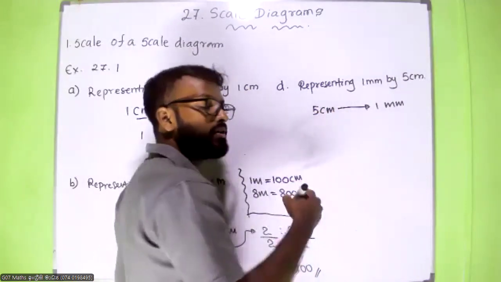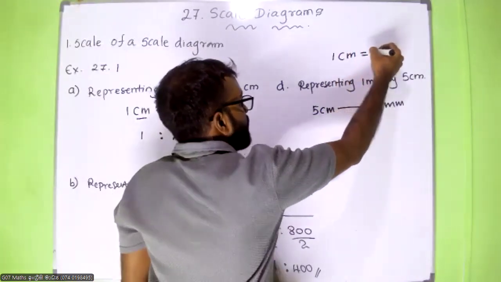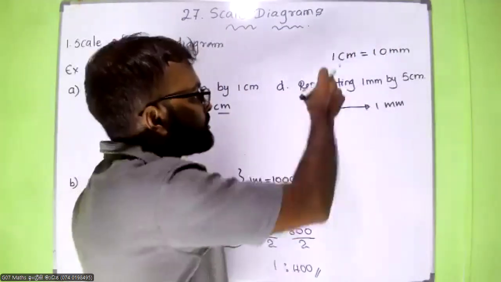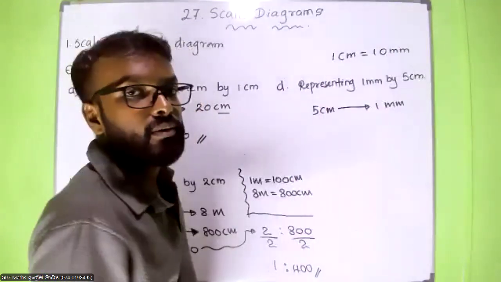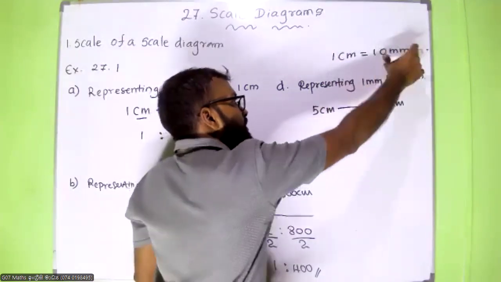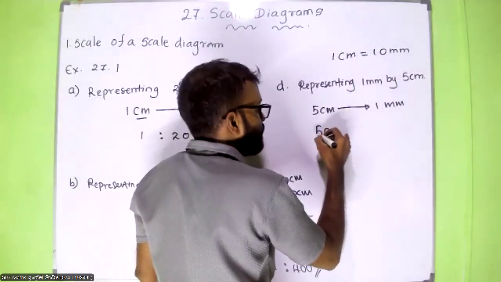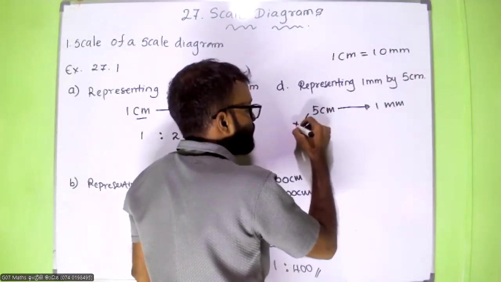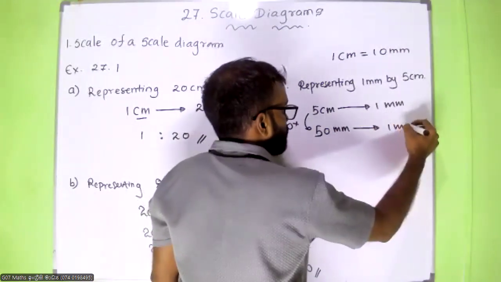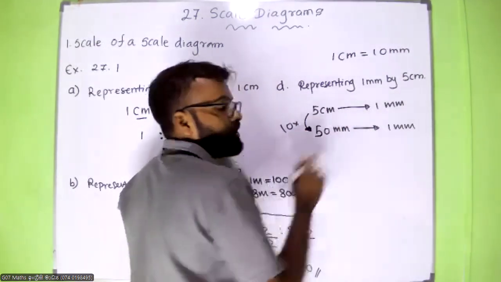How do you convert centimeter into millimeter? Inside 1 centimeter, you have 10 millimeters. You are going to multiply centimeter by 10 so that you can obtain millimeters. If 1 centimeter has 10 millimeters, then 5 centimeters is 5 by 10, 50 millimeters.